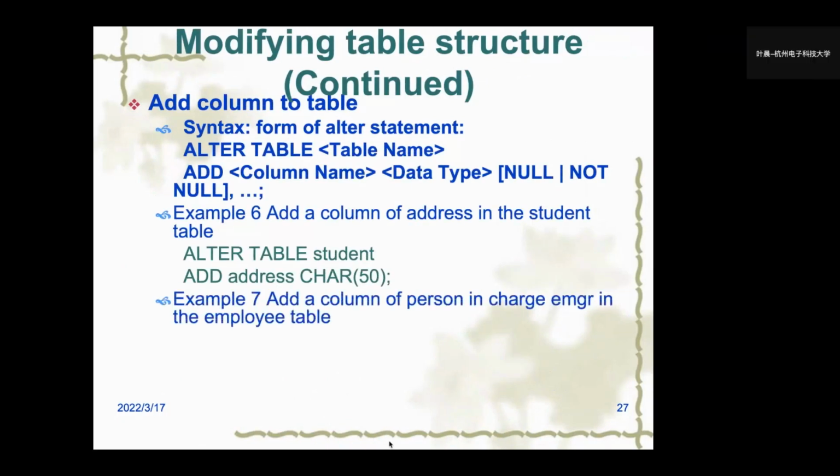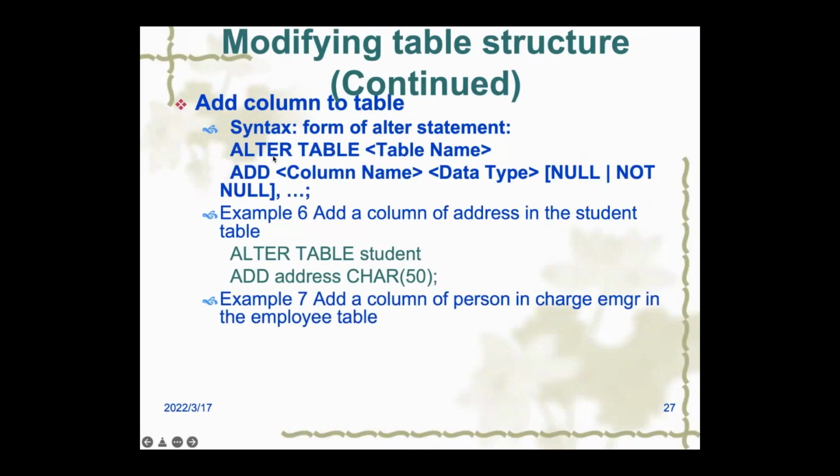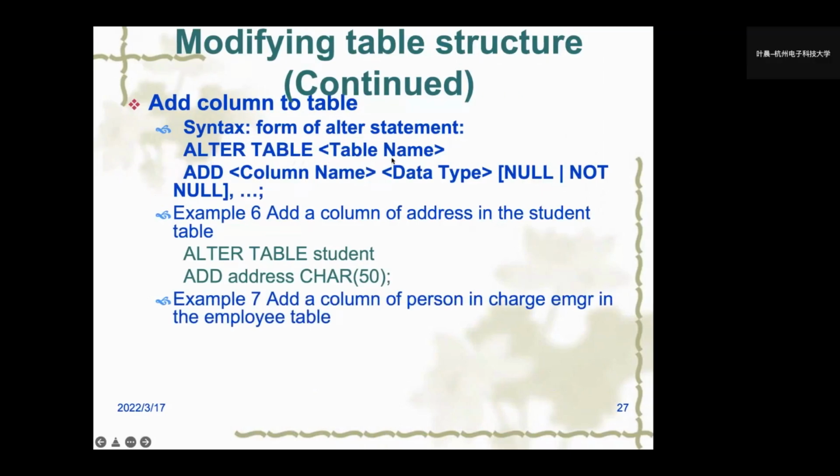So here, let's see how to add a column to a table. We just use the alter table operation. And here we can write the table name, and also we can write the added column name and its data type and other information.